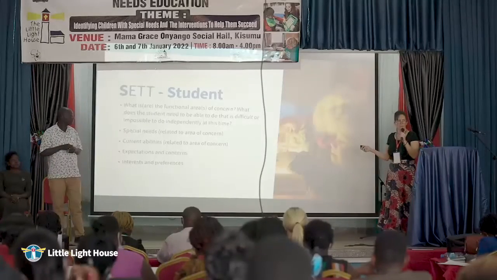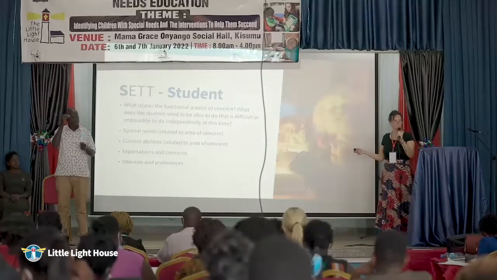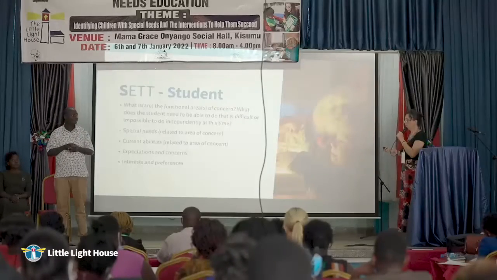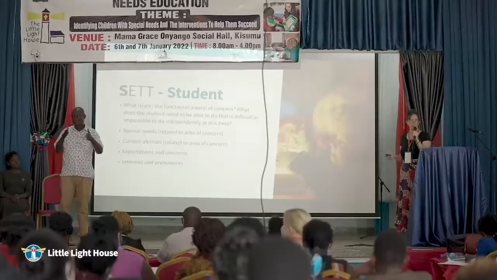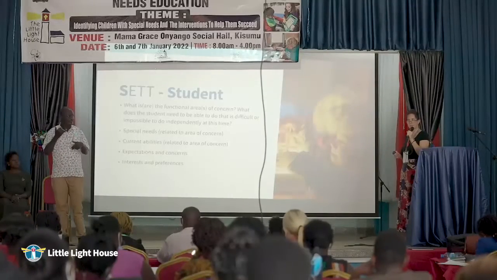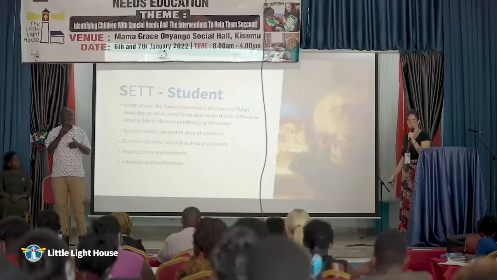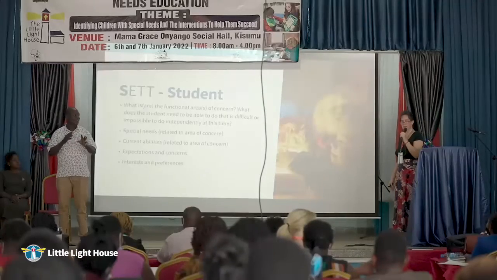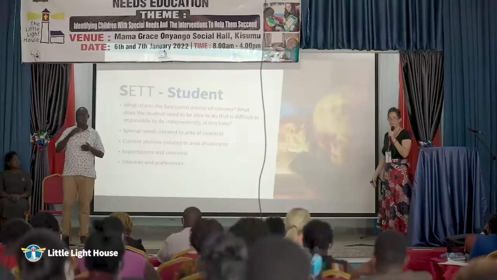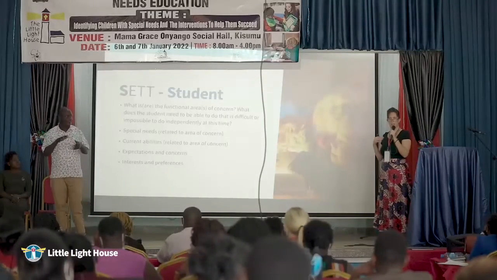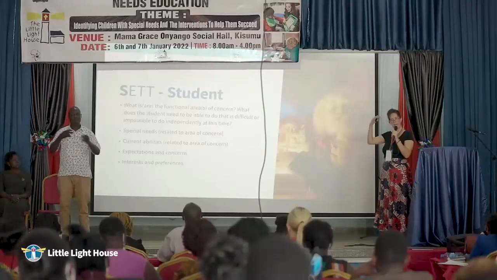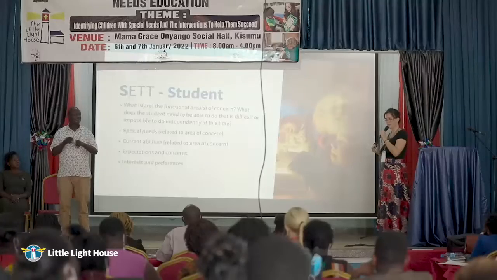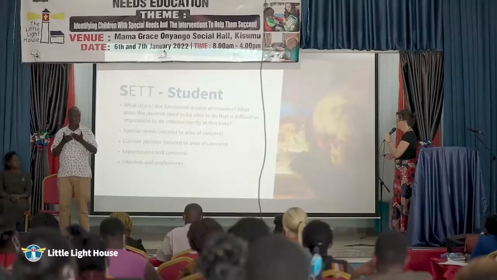But the kinds of things we think about in the student column. What are some of the areas of concern? If you have someone who's blind, an area of concern would be vision. If you have someone with cerebral palsy, an area of concern would be mobility, positioning, those categories of assistive technology that we referenced earlier.